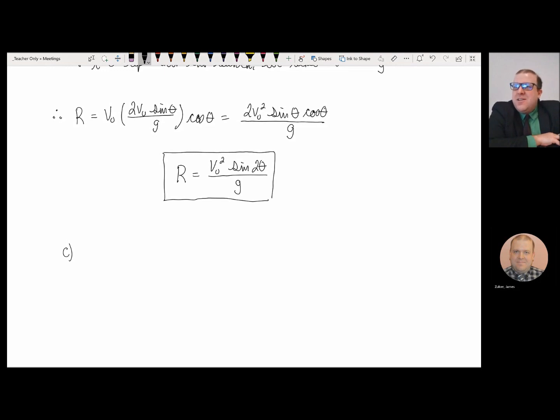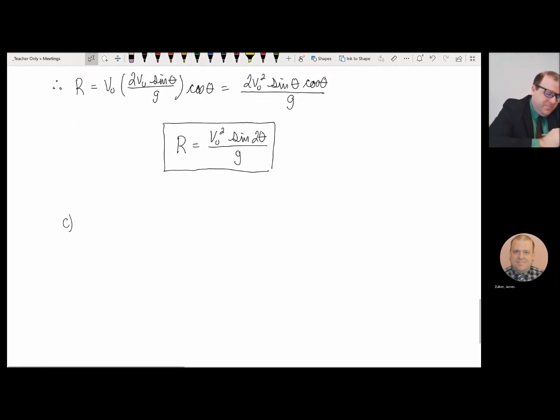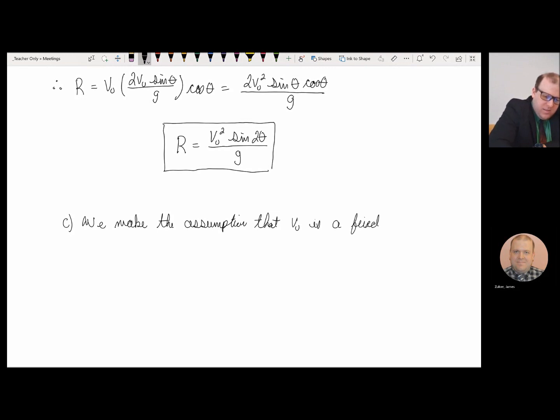So the only adjustment we really have to make is with respect to theta. And so we're going to make the assumption that V0 is a fixed value, i.e. we cannot change it.